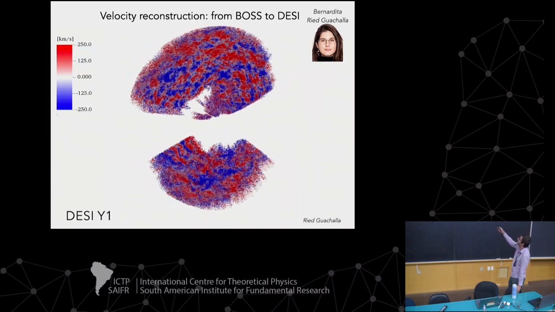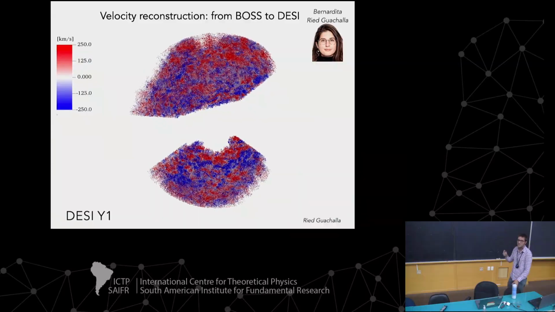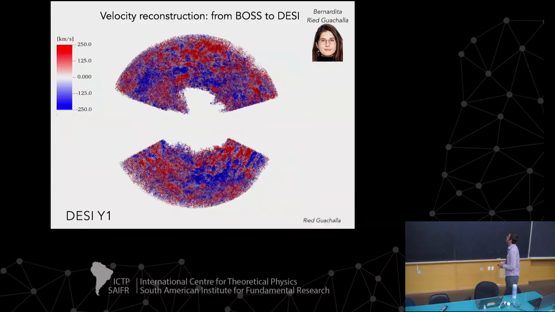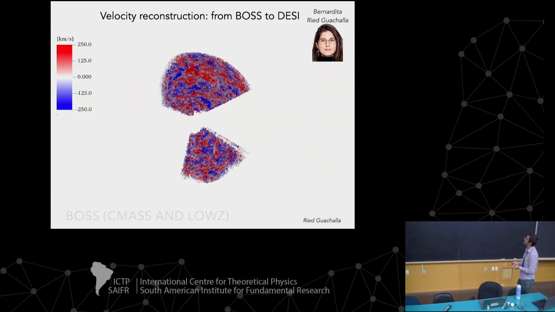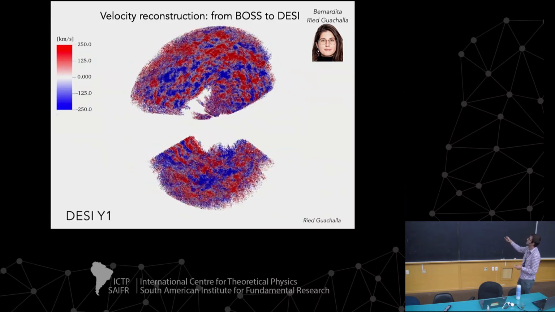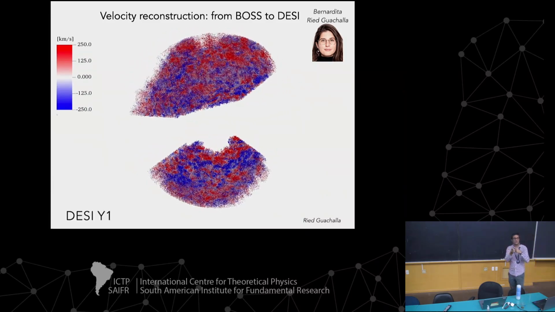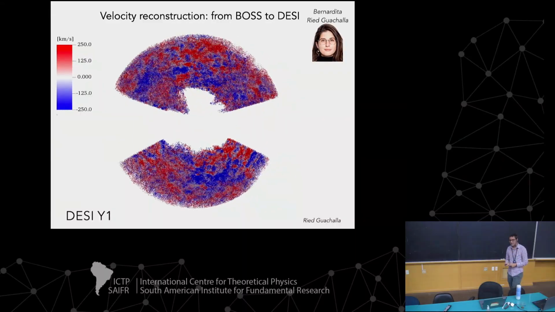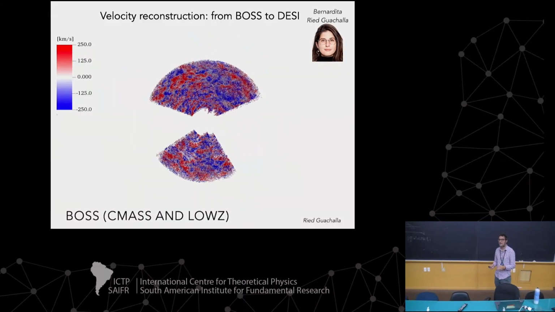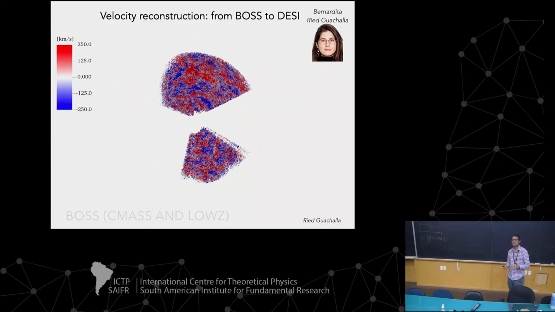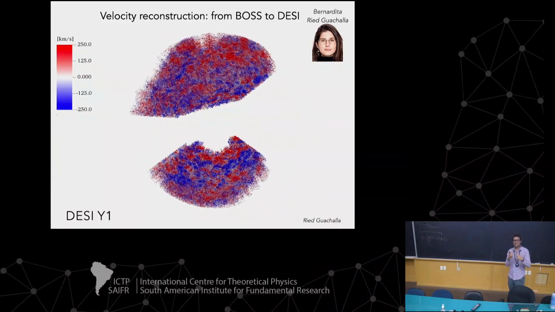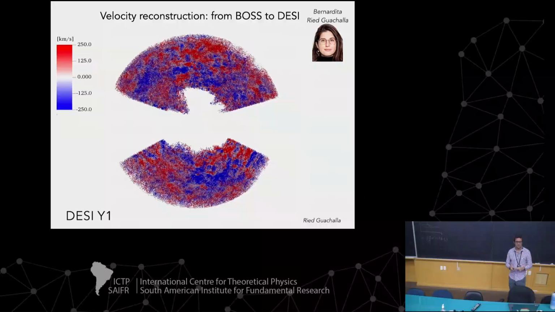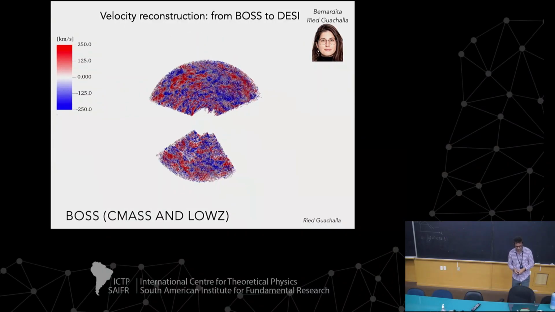Bernardita since then has been switching to the DESI catalog, which is a lot larger and a larger volume. And so you can see that for every single galaxy in this catalog, we have an estimate for whether they're moving towards us or away from us. And thanks to that estimate, we can now stack the temperature map around each of these objects, weighted by the velocities, to avoid the cancellation in the sign due to the velocity changing sign.